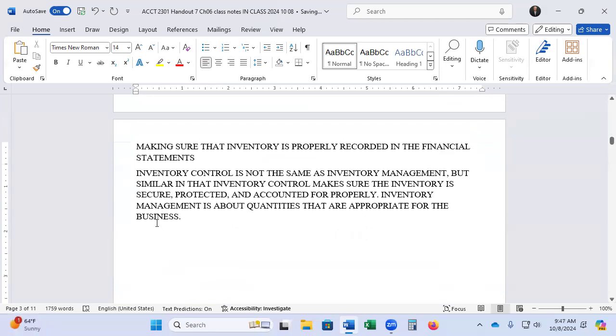Now, this isn't necessarily talked about much in the chapter, but let's just think about what happens when we have too much inventory.